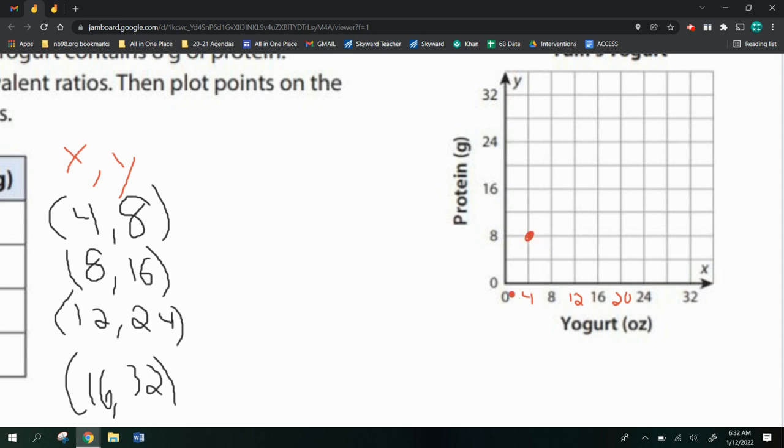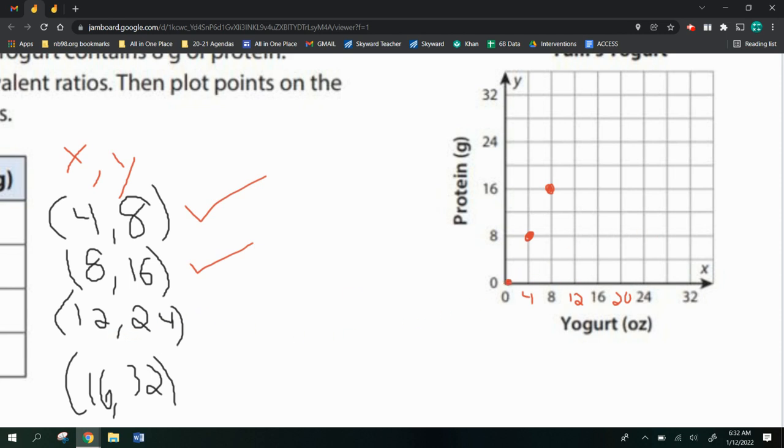So that's my first point. Check. Second point, 8, 16. Starting at the origin, I'm going to go to the right to 8 and then up to 16. Check.